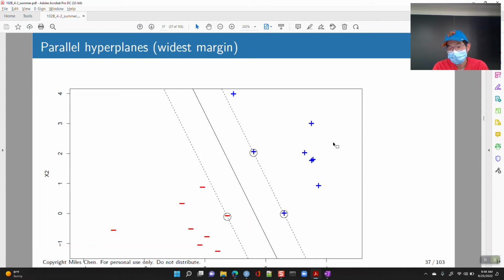Okay? And if I added a blue dot out here or a red dot out here, right? So if I take a dot and add it over here and it's a minus sign, or, I don't know how to change the color of my pen, but basically if I add any points over here, it doesn't matter. It's not going to change the location of this line.